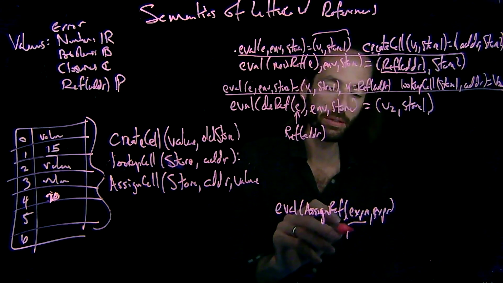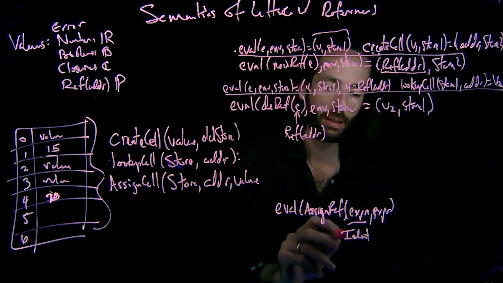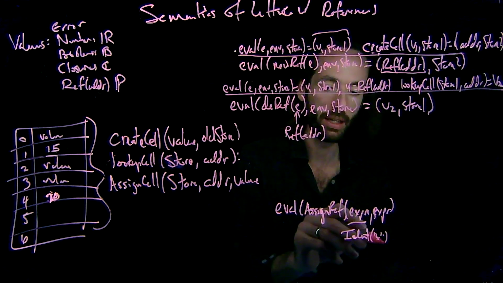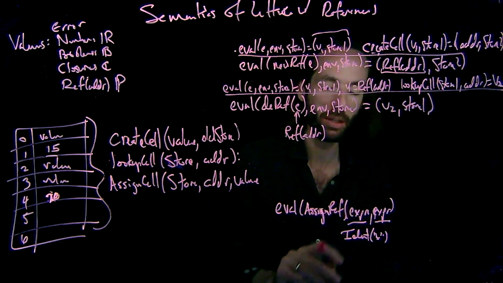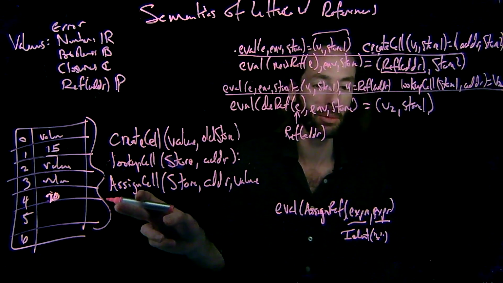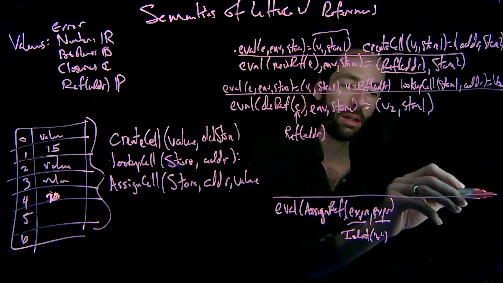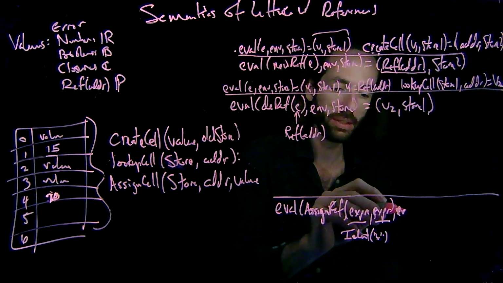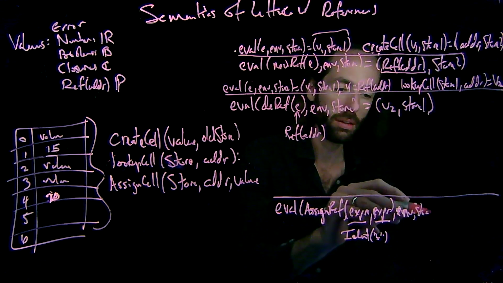This first one should resolve to an ident, that's the pointer, say, ident like x, that kind of thing. This should be whatever we want to store in the location that x points to. So given an environment and a store.